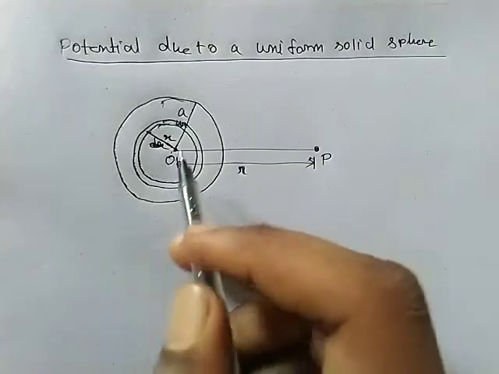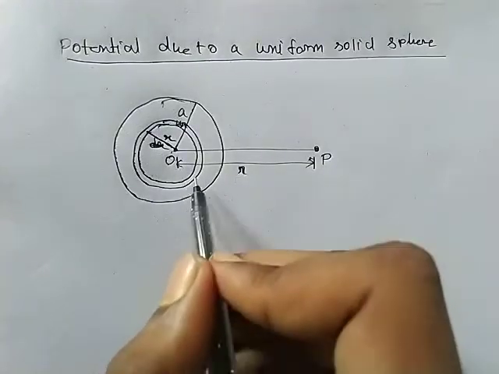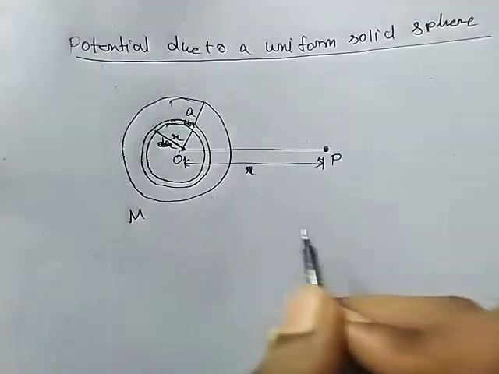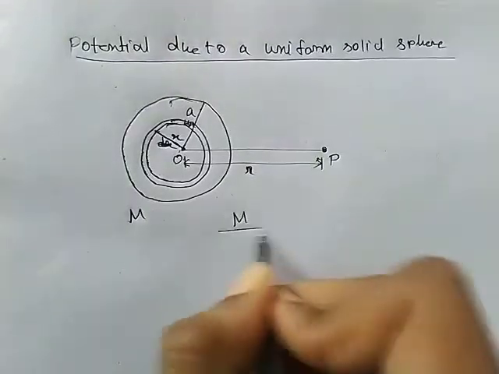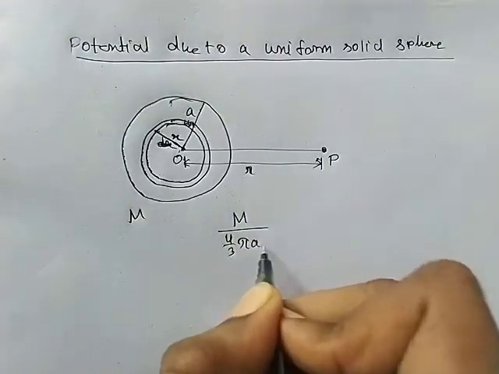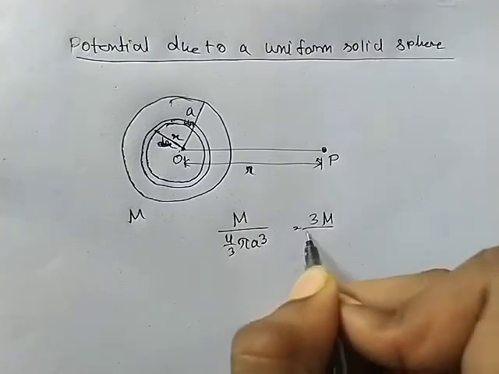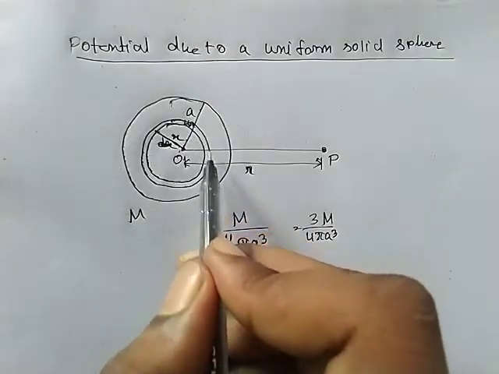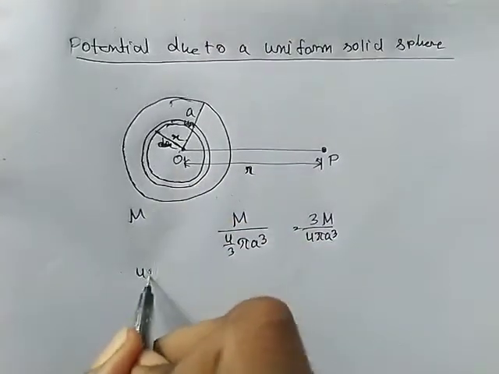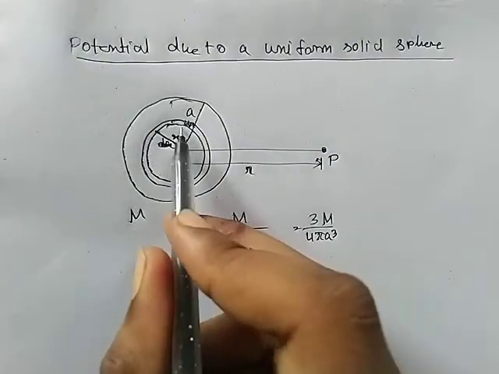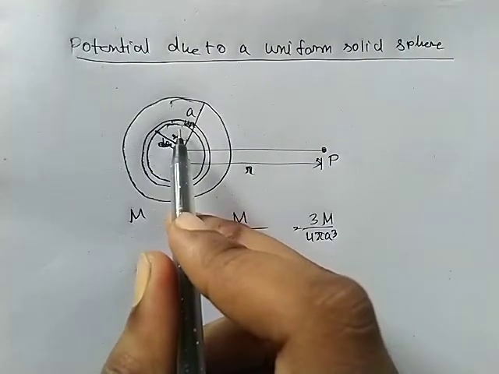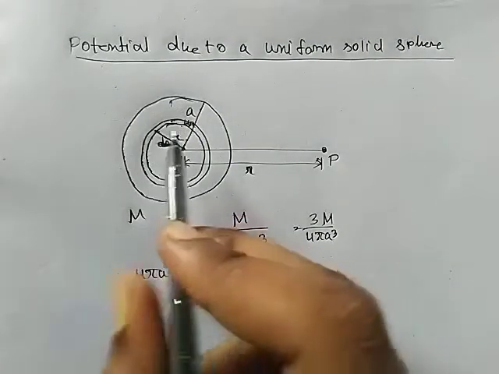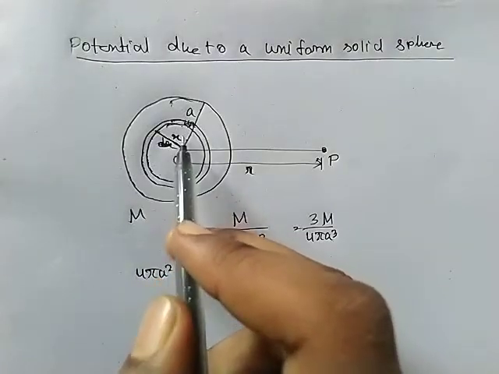If the mass of this whole solid sphere is m, then we know the density of this sphere will be m by 4 by 3 pi a cube, that is 3m by 4 pi a cube. The area of this spherical shell is 4 pi a square, and to construct a volume element we multiply this area by its thickness dx.